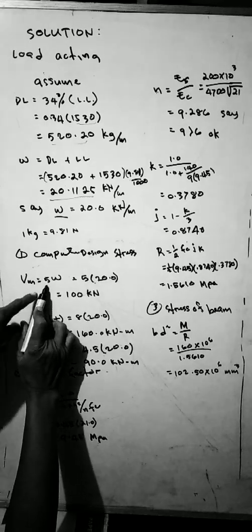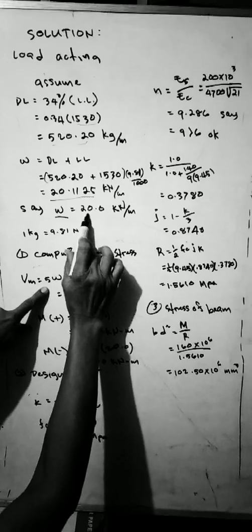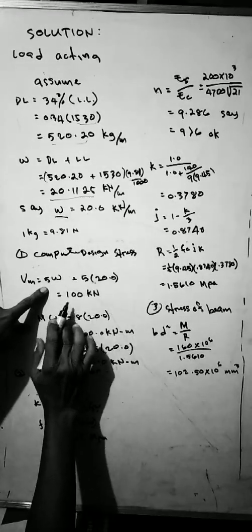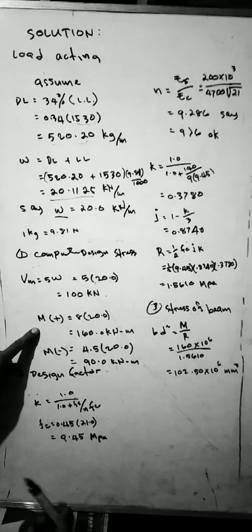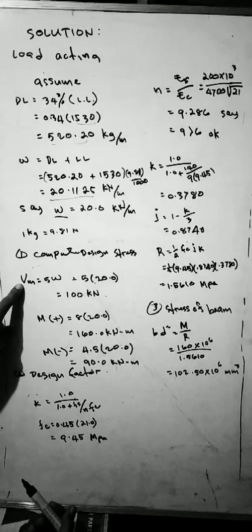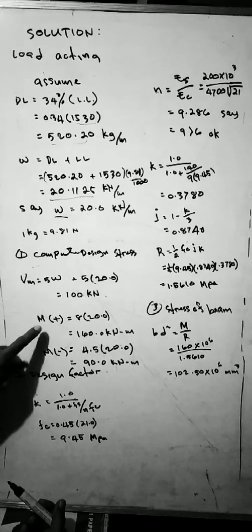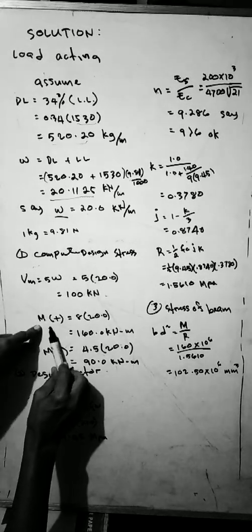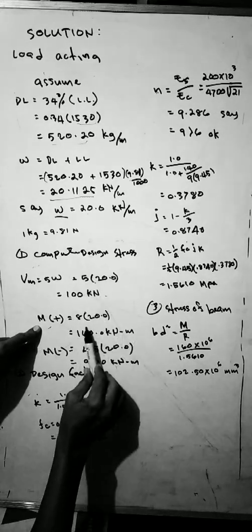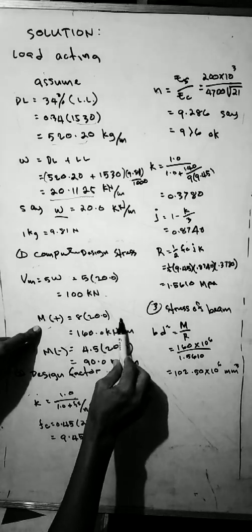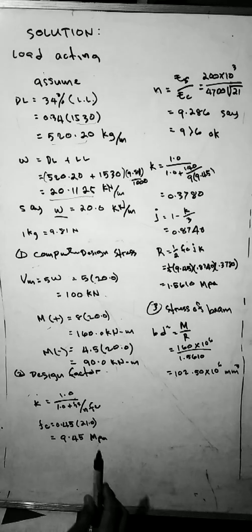That is 5 times 20, where W is 20, which will give us 100 kilonewton. That is the maximum shear. And the positive moment from the moment diagram is 8W, which is 8 times 20, will give us 160.0 kilonewton meter.